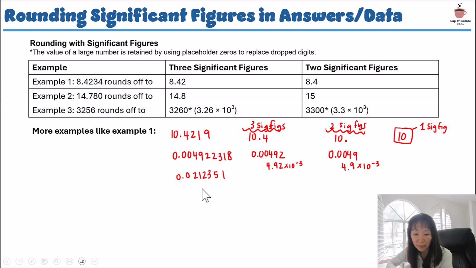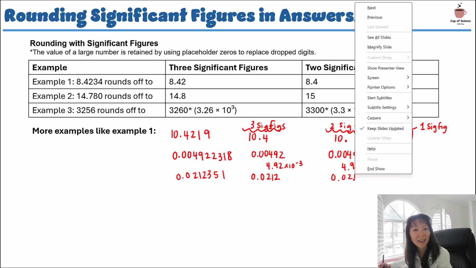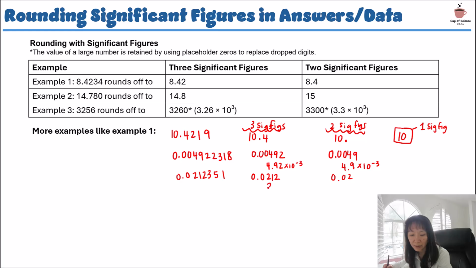That would be 0.0212, because the one number after is 3. And then for 2 sig figs, it would be 0.021. If I want to put this in scientific notation, it's 2.12 times 10 to the negative 2, and this would be 2 times 10 to the negative 2.